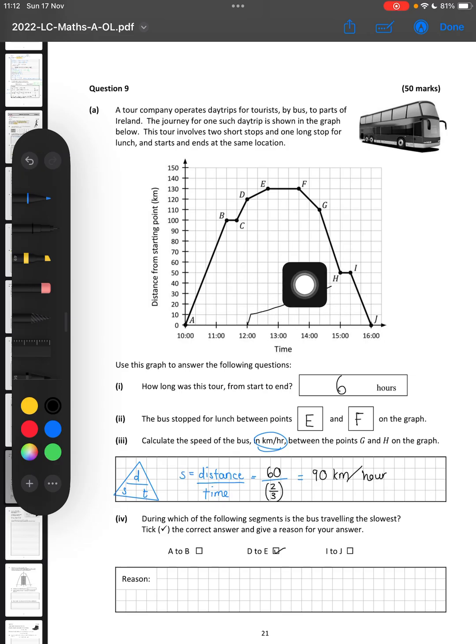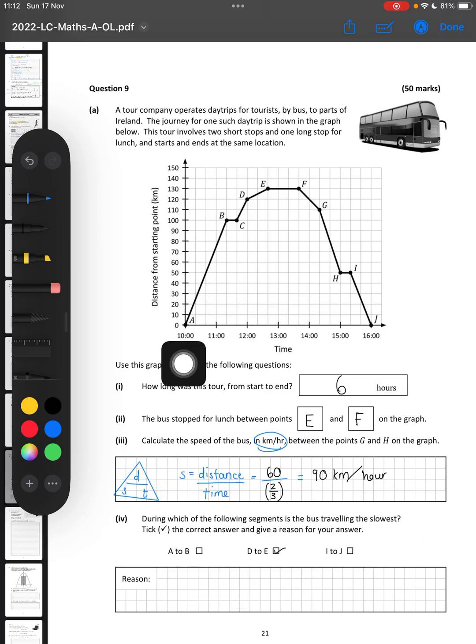This line here isn't as steep, so it's slower, but it moves a further distance. So it's not enough for you to say it moves less distance, because you can move less distance but move faster. I could run 5 kilometers, and that is faster than if I walk 10 kilometers, even though 5 is a smaller distance. So it's not enough to just talk about distance here. It wants the slowest, so it wants speed.